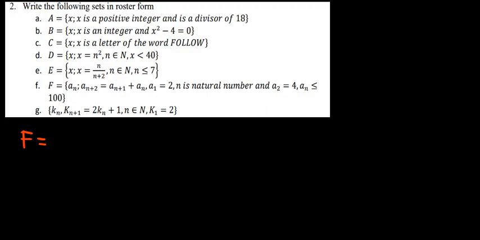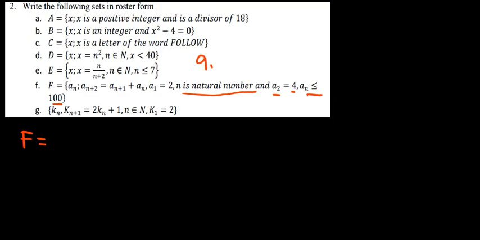They are saying set F is a set of An, where An plus 2 is equals to An plus 1 plus An, and then A1 is equals to 2, and n is a natural number, and A2 is equals to 4, where this An here should be less than 100.